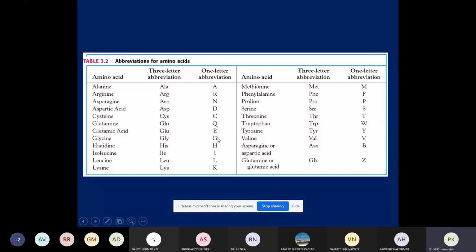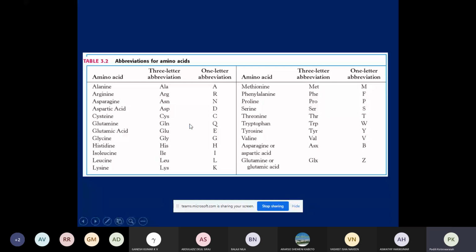For example, arginine, the single letter code is R, asparagine N, aspartic acid D, glutamine Q, glutamic acid E, lysine K, phenylalanine F, tryptophan W, and so on. For other amino acids, the single letter code is nothing but the first letter of the amino acid.